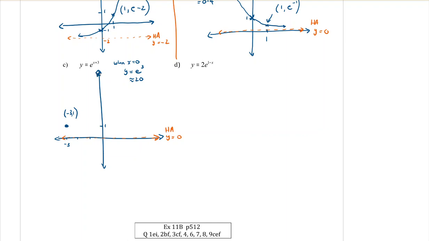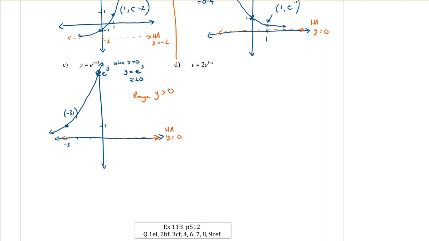So I put a little mark there, and my curve comes up very steep like that. I'm going to put the exact value on here. That's e to the power of 3. So I have got my graph drawn, but don't forget to include the range. The range is still y greater than 0.